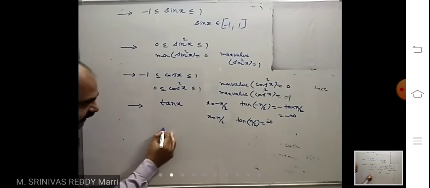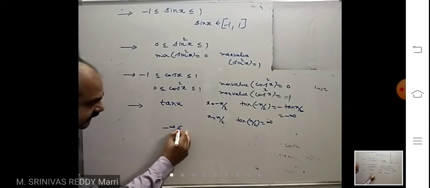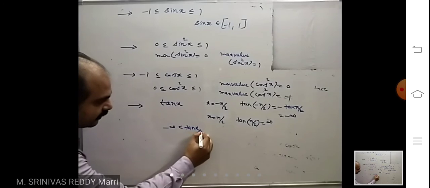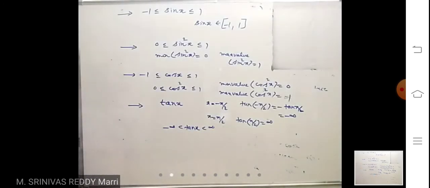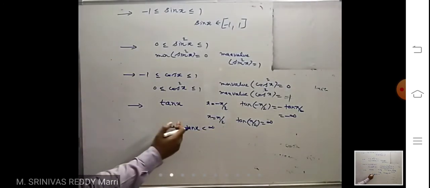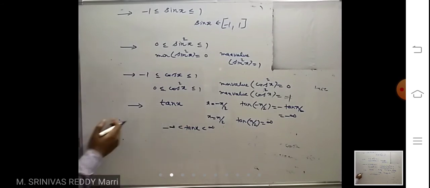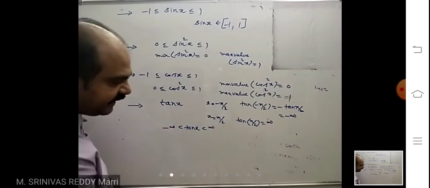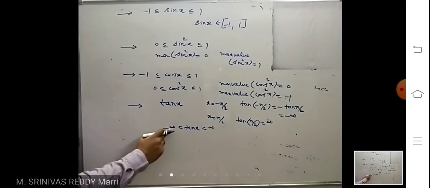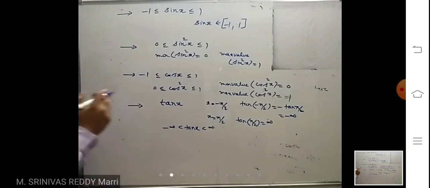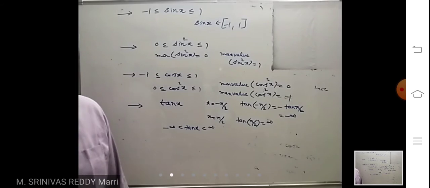That means tan x you will get all the values. Tan x lies between minus infinity to infinity. Minus infinity means in negative, the least minimum value is minus infinity. That means it won't be having any definite value. Minimum minus 2, minus 3, minus 1000, minus 1 lakh, like that.